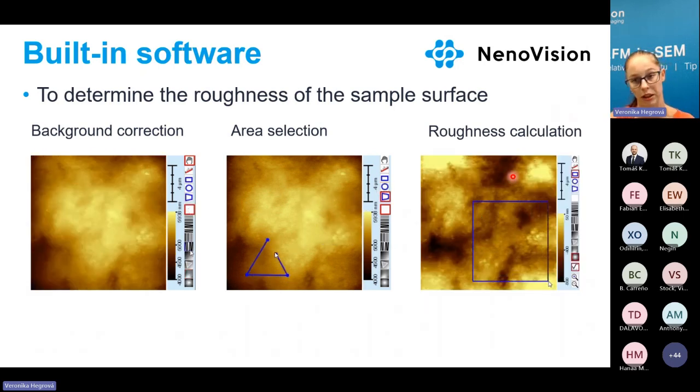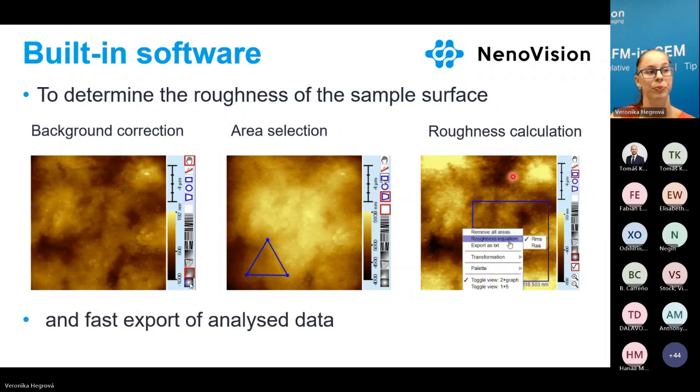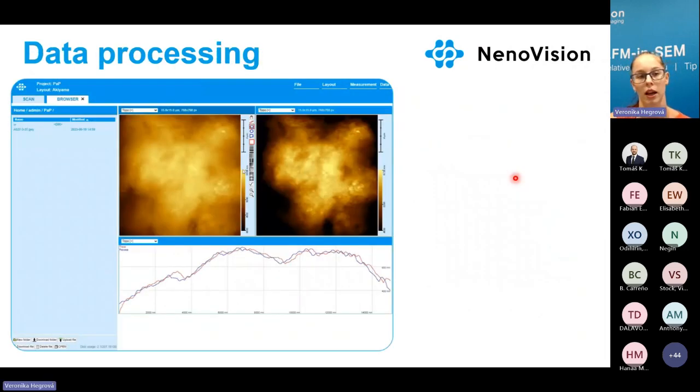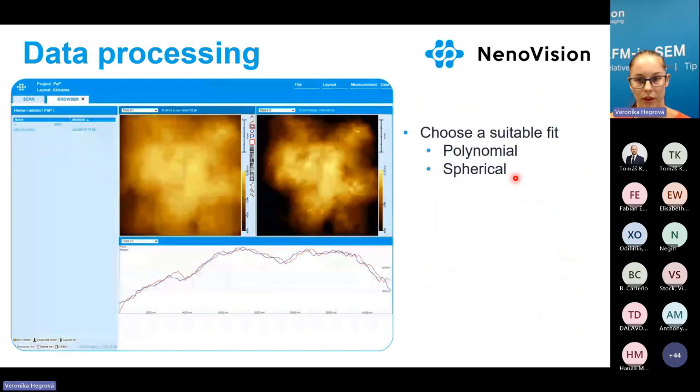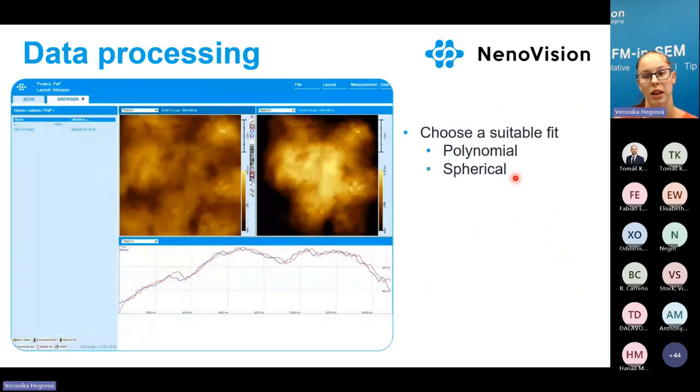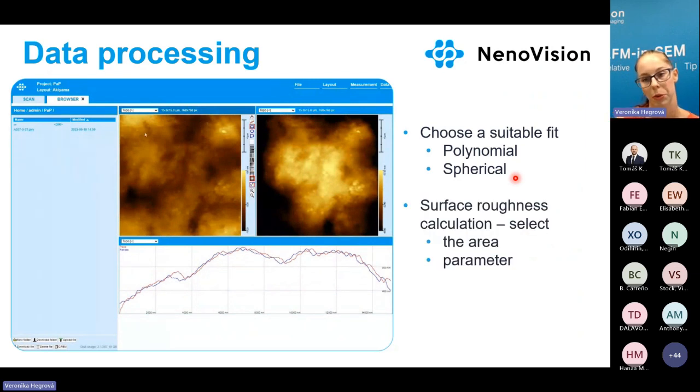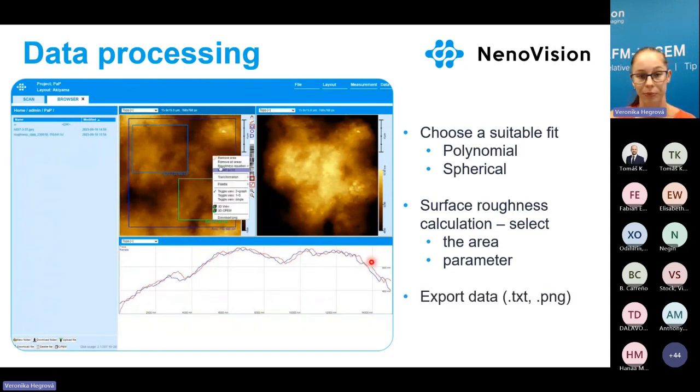So it's quite easy to get the data out afterwards. Regarding the data processing, the fit can be polynomial or spherical, and we can see it over here. And we choose least squares. Over here the roughnesses are visible, and we export it. So already in the software we see that it's quite easy.